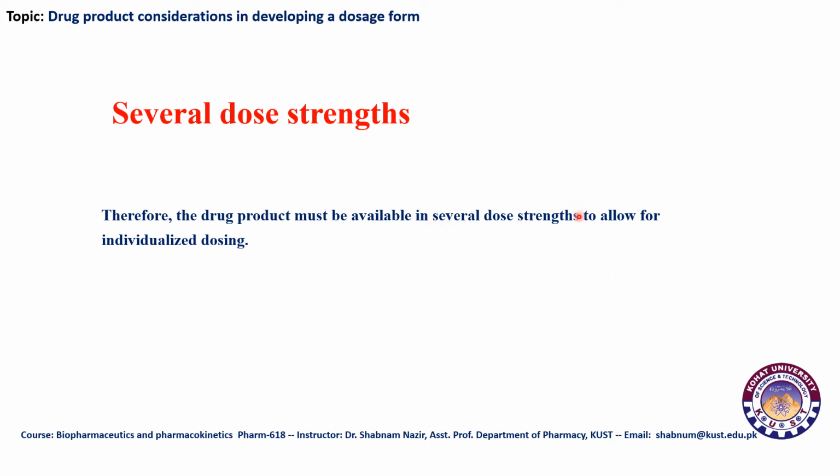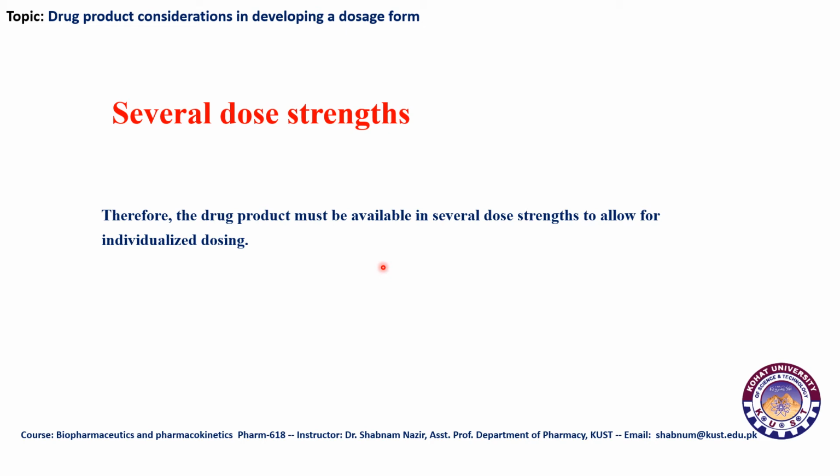Usually we see that, in the case of oral solid dosage forms, tablets and capsules are usually available in 2 or 3 strengths. So the frequency of strengths for the different dosage forms can be increased, and it can allow individualized dosing.